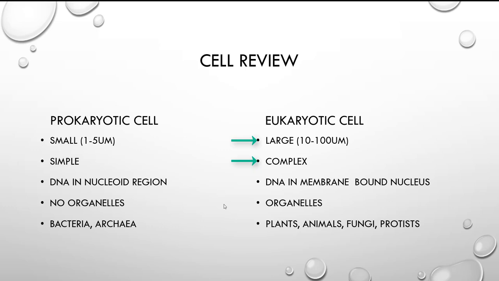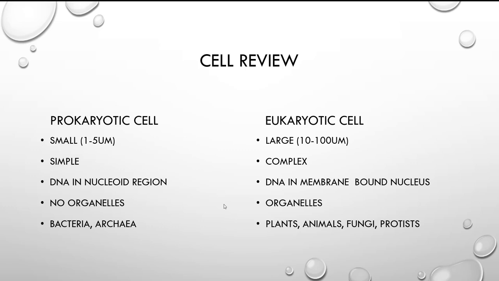And we know that the prokaryotic cell lacks a nucleus because pro means before, karyon means nucleus. So it doesn't have a nucleus, so instead the DNA is found in the nucleoid region of the cell, whereas the eukaryotic cell, eu means true, so it has that true membrane-bound nucleus that houses the DNA.